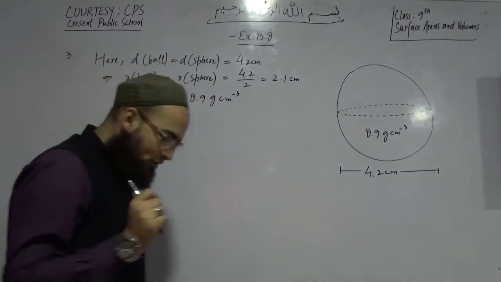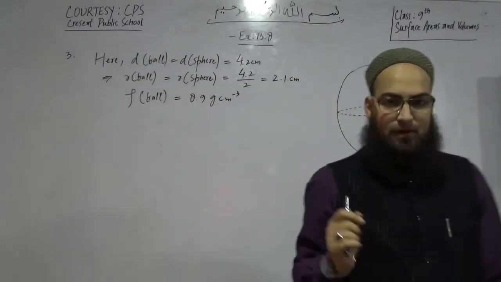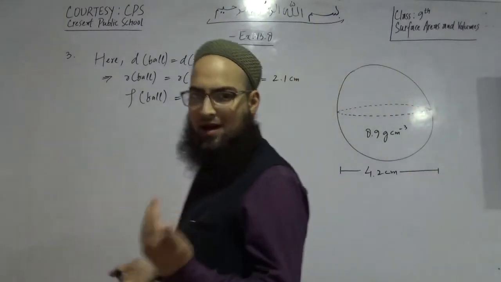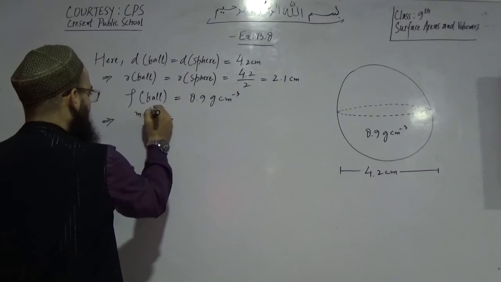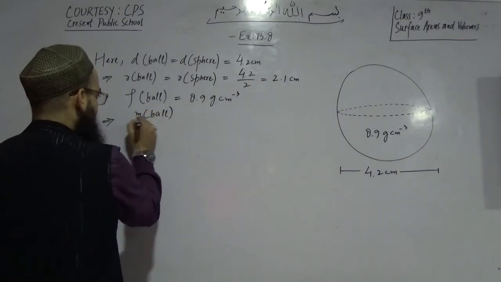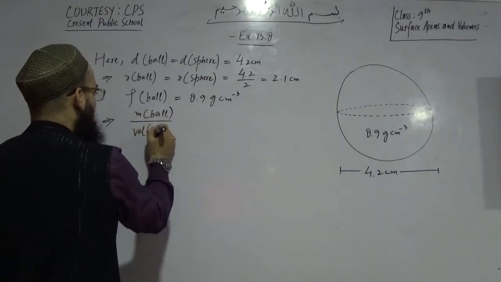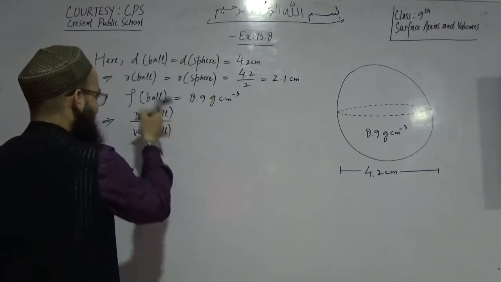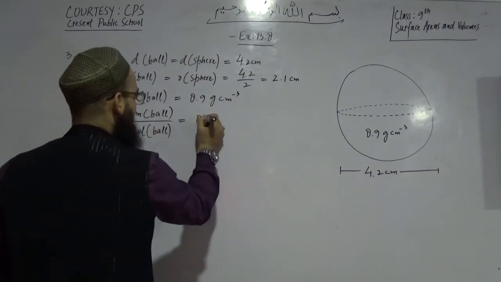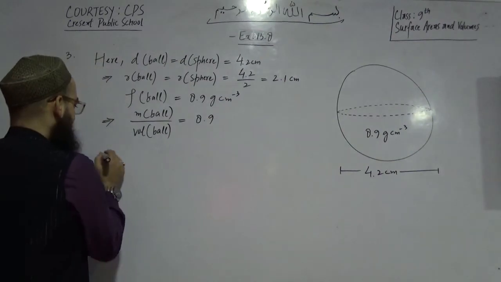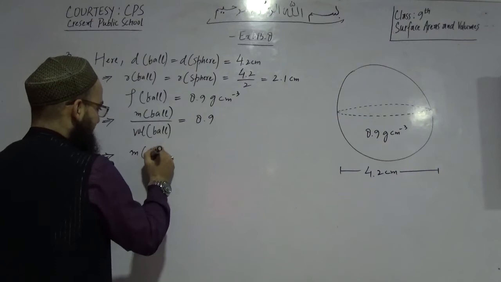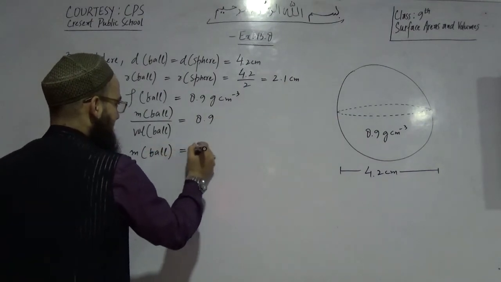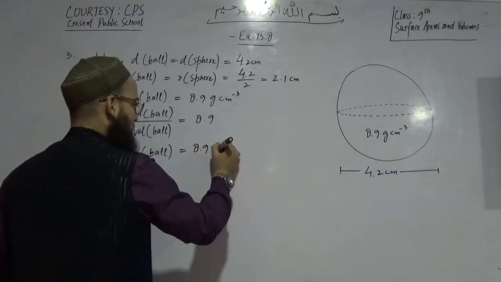Got it? Now you know density is equal to mass per unit volume. Density is the mass per unit volume, so this is mass of ball divided by volume of ball. Because density is mass per unit volume, it is equal to 8.9, which implies that mass of ball is equal to 8.9 times volume of ball.